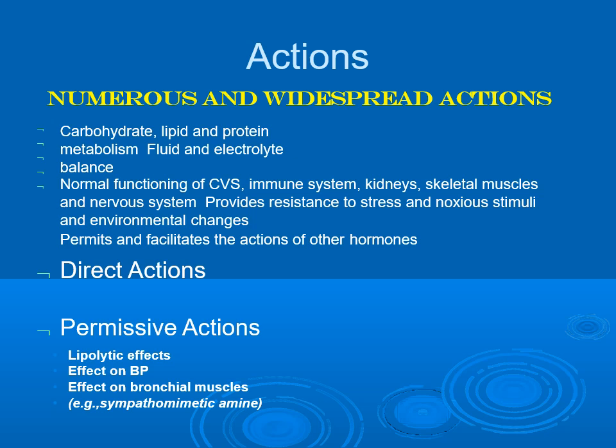They provide resistance to stress and noxious stimuli and environmental changes, and they permit and facilitate the actions of other hormones. So, actions of corticosteroids can be divided into two parts: direct actions and permissive actions, like lipolytic effect, effect on blood pressure, effect on bronchial muscles.